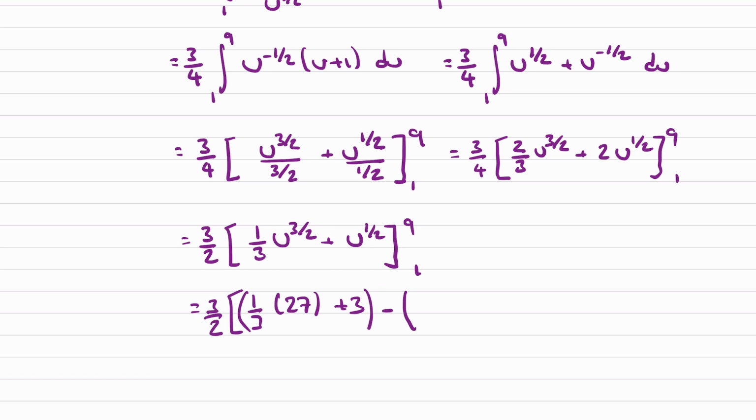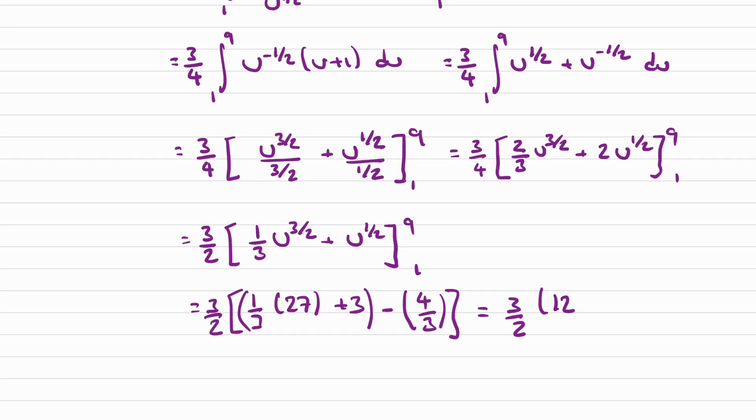When you substitute in the 1, we get 1/3 plus 1, so 4 over 3. So working this out, we've got 3 over 2 times a third of 27, which is 9. 9 plus 3 is going to be 12, minus the 4/3.